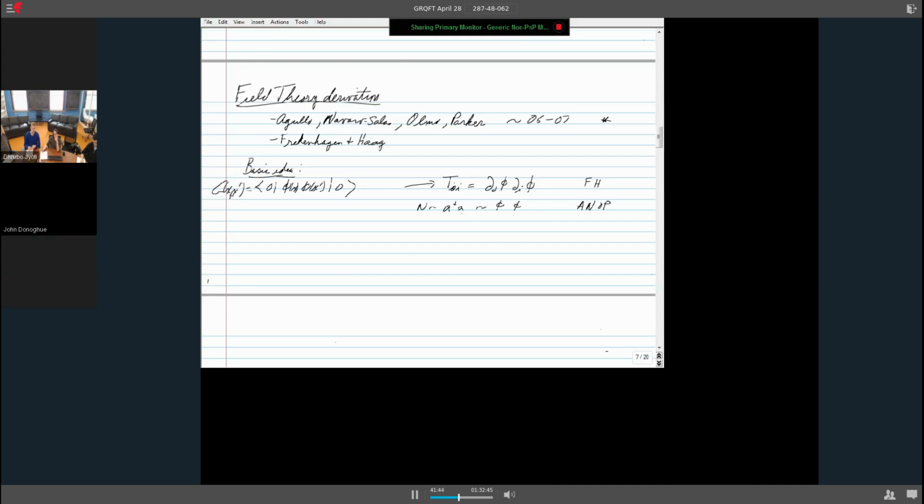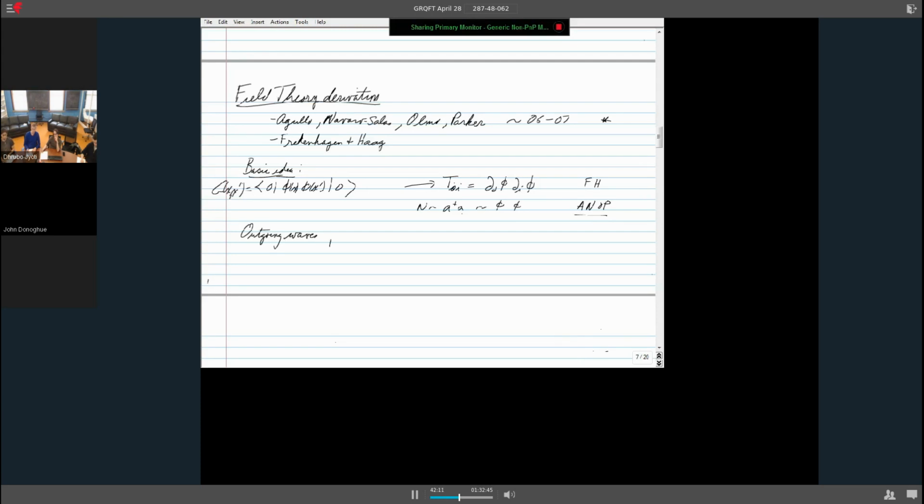So these, G of x, x prime, are the objects we want to study, and this can be turned into either the flux, which might be T_0i, which might be something like d_0 phi d_i phi, by taking derivatives and taking the coincidence limit.